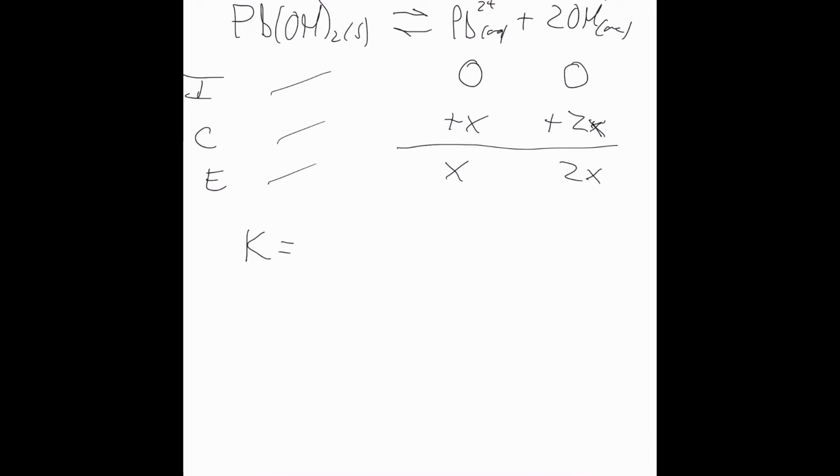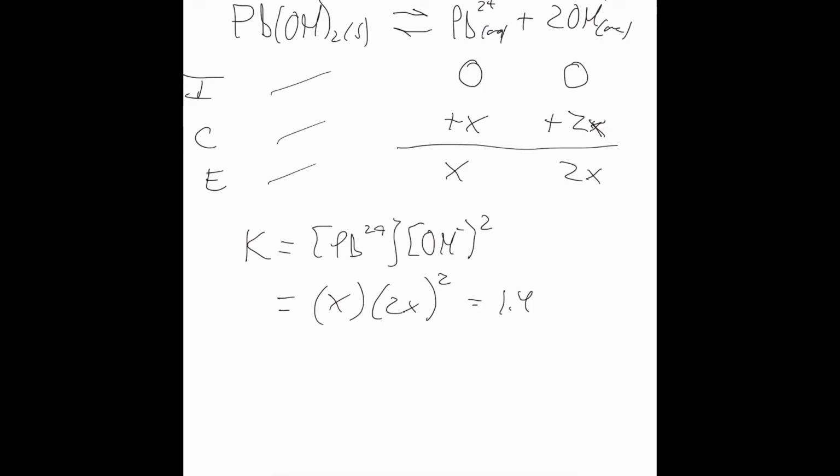There are no reactants that factor into the equilibrium, so we write Pb2+ times OH- to the second power, which is x times (2x) squared equals 1.42 times 10 to the minus 20.